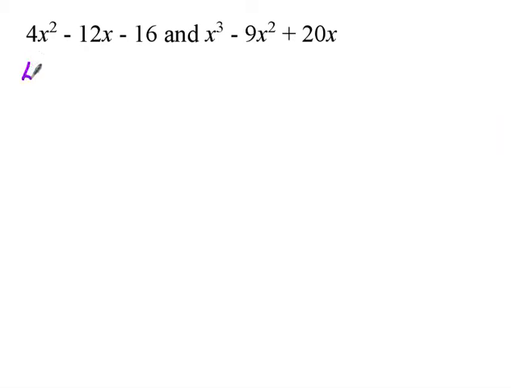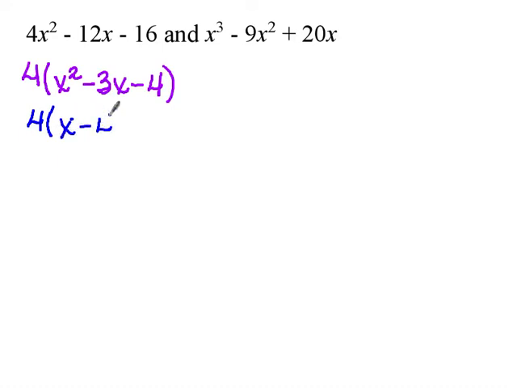So that's going to leave me with x squared minus 3x minus 4. What do I get now? 4 times x minus 4, x plus 1.